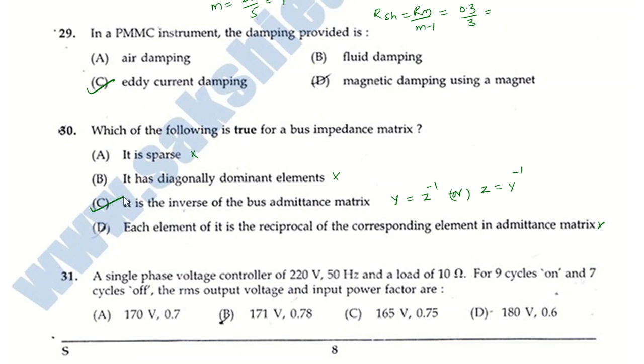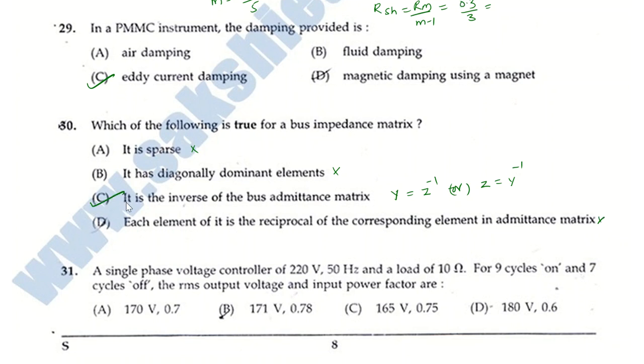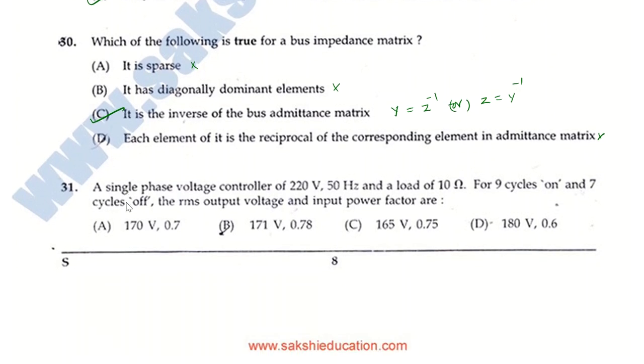Okay. Next one. A single phase voltage controller, 220 volts 50 Hz, with a load of 10 ohms, operates 9 cycles on and 7 cycles off. What are the RMS output voltage and the input power factor?